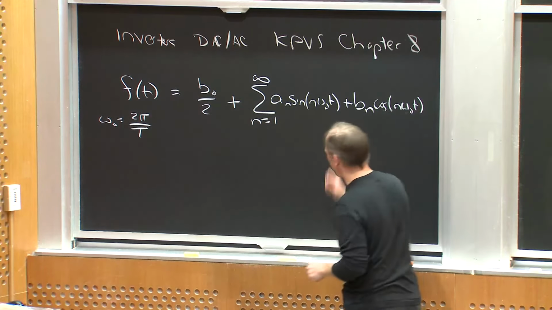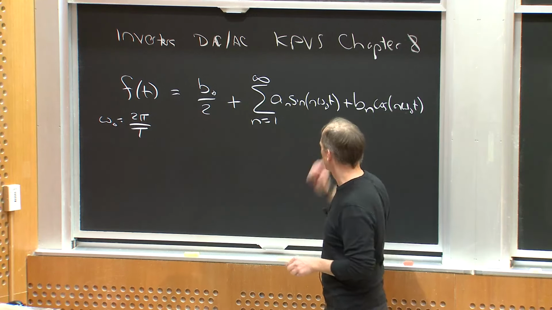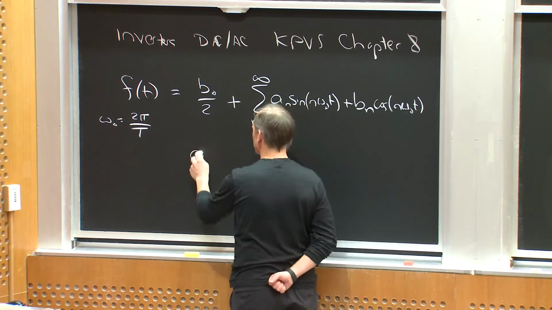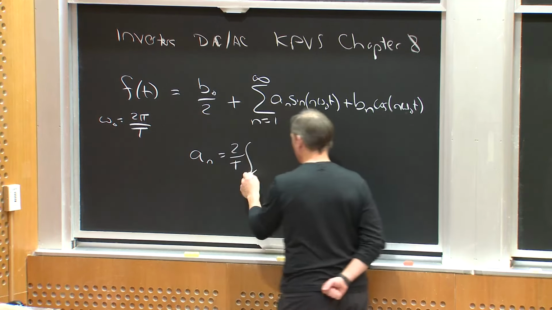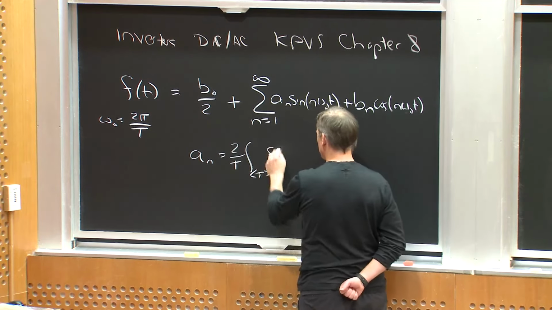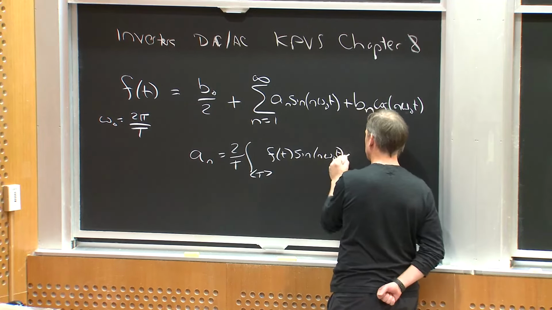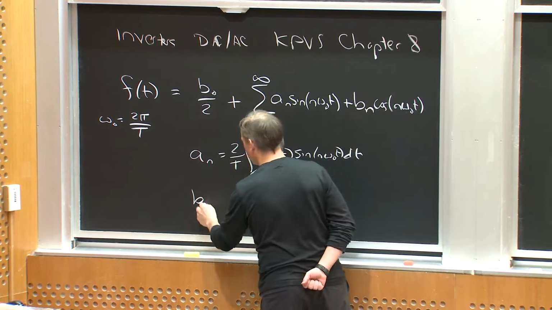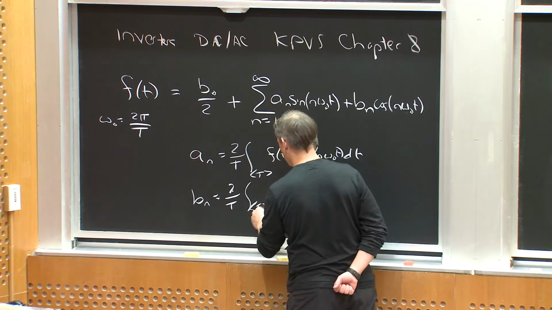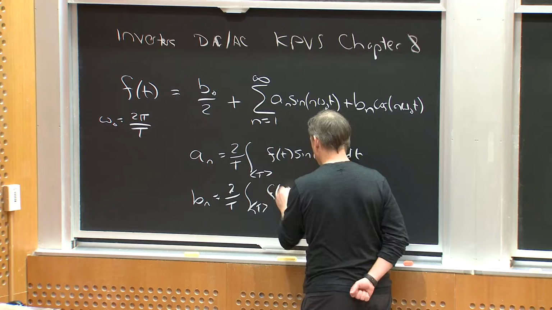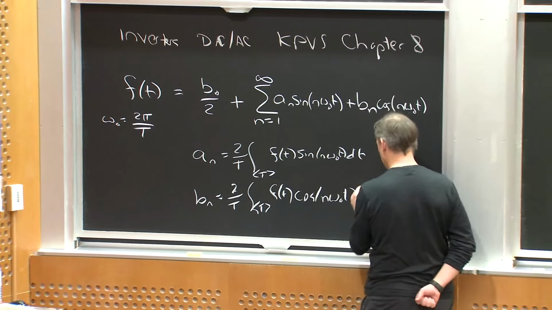And then we can find, using orthogonality, the expression to get the Fourier series coefficients. So a sub n would be equal to 2 over T, the integral over T of f of t sine of n omega naught t dt, and b sub n would simply be 2 over T, integral over T, f of t cosine of n omega naught t dt, okay?